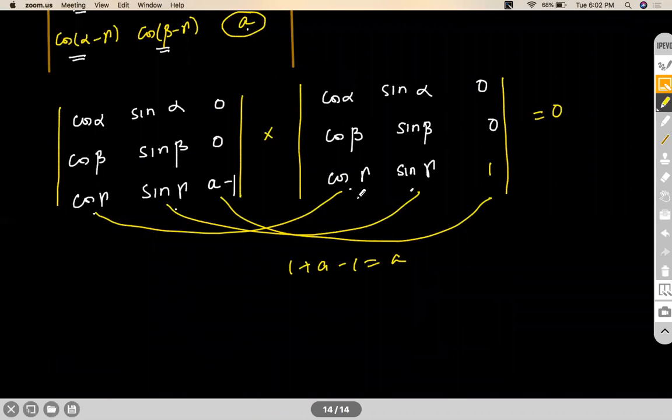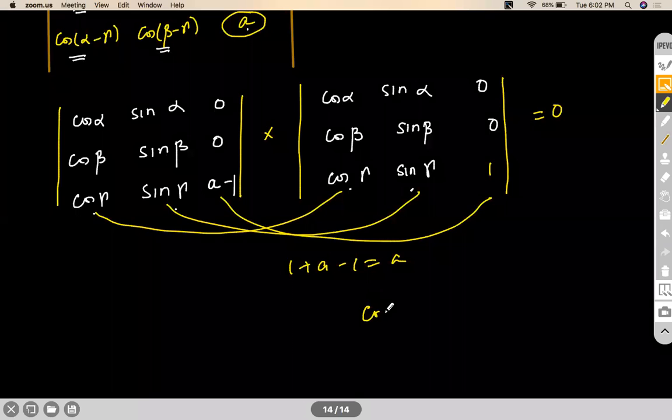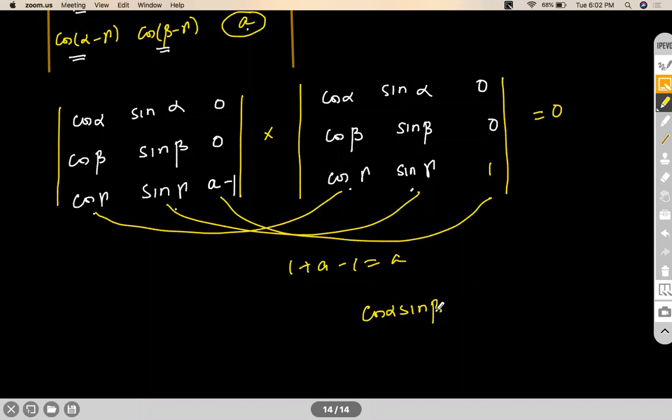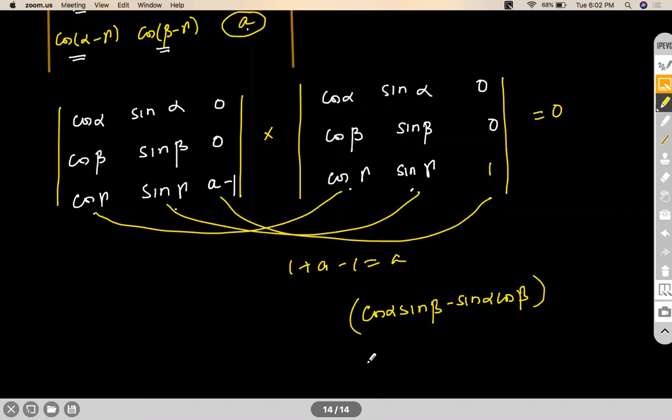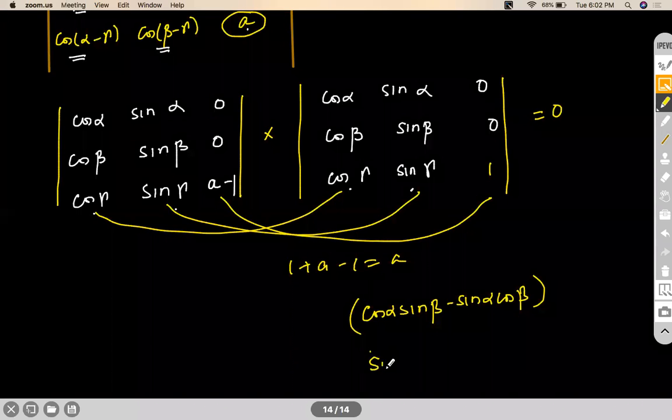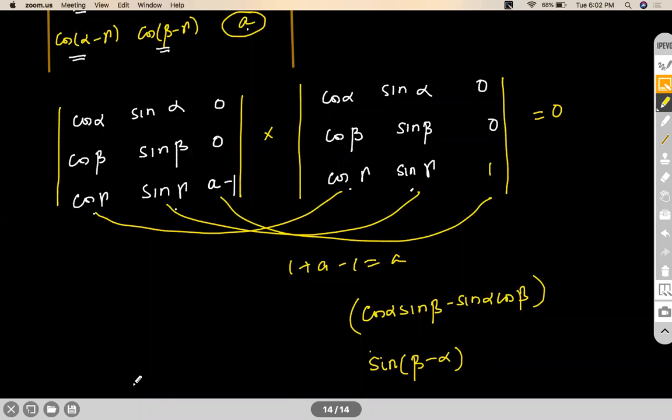Now this determinant, if you try to expand with respect to the third column, you will get cos alpha sin beta minus sin alpha cos beta, which is actually sine of beta minus alpha. Correct.